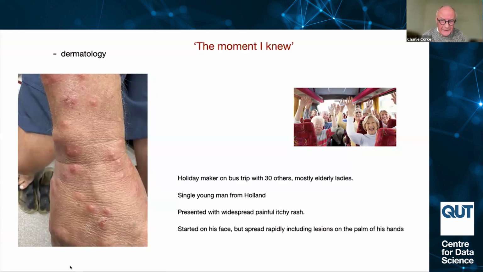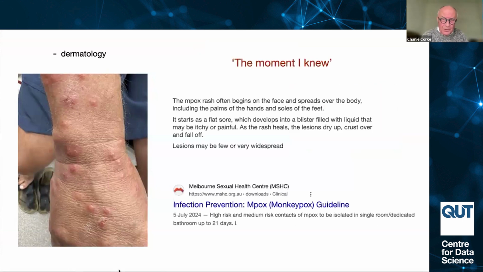It started on his face and spread rapidly across his body, and he had lesions on the palms of his hands, which is very unusual. And it made me worry about what this was. What I worried about was Mpox or monkeypox. It often begins on the face, spreads over the body, and characteristically includes the palms of the hands, which other rashes don't.